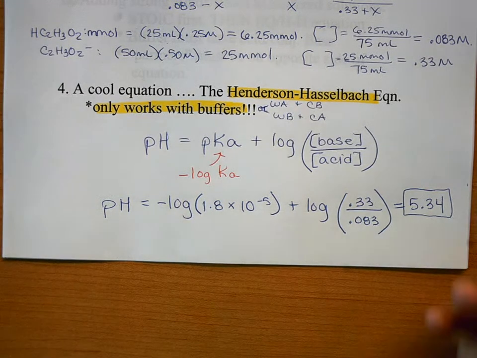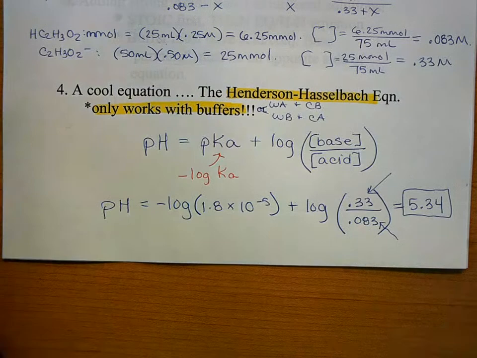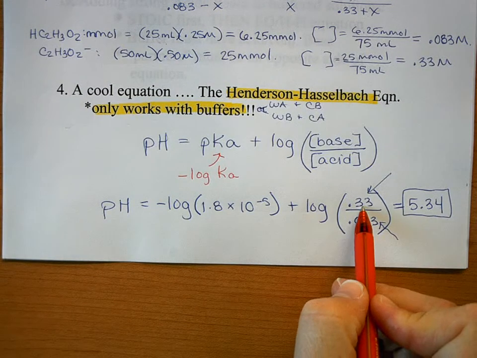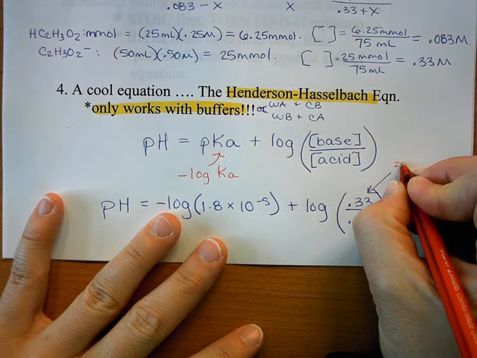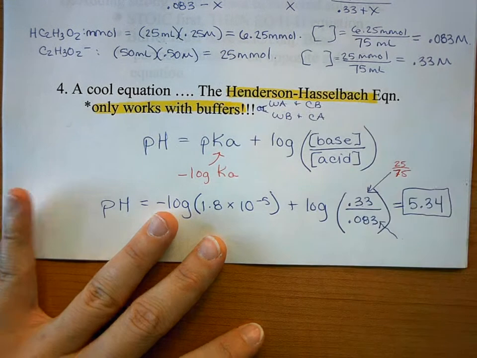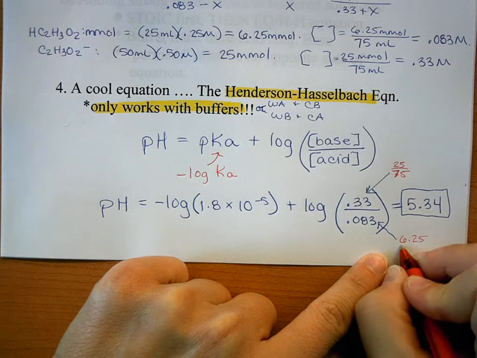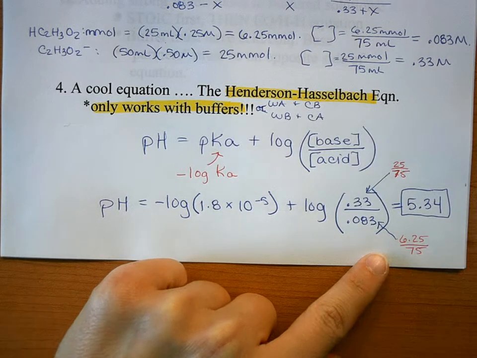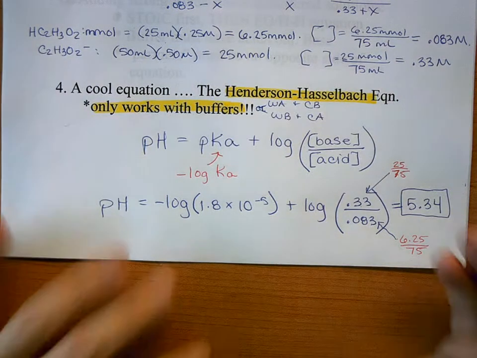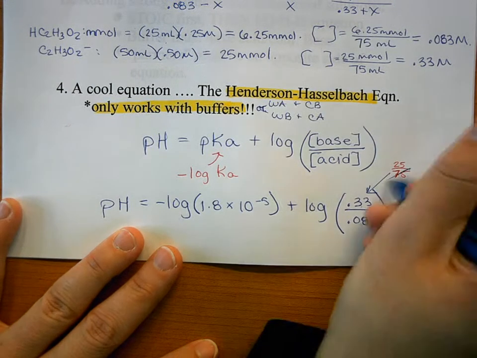You should also know that when you're plugging in the concentration of the base and the acid, when we calculated this concentration, we took the millimoles, 25 over 75, and the millimoles, 6.25, divided by 75 over here. If I were to plug those expressions in, the 75s cancel.